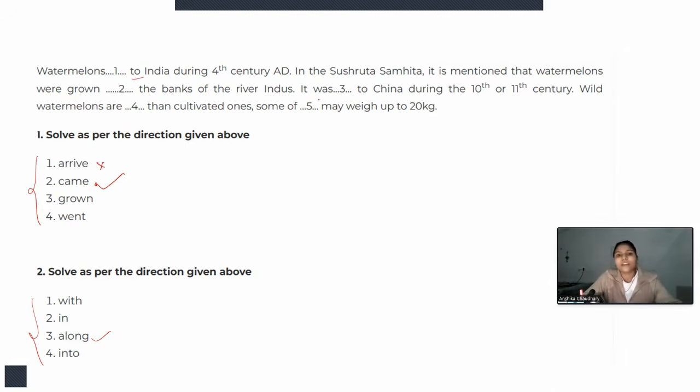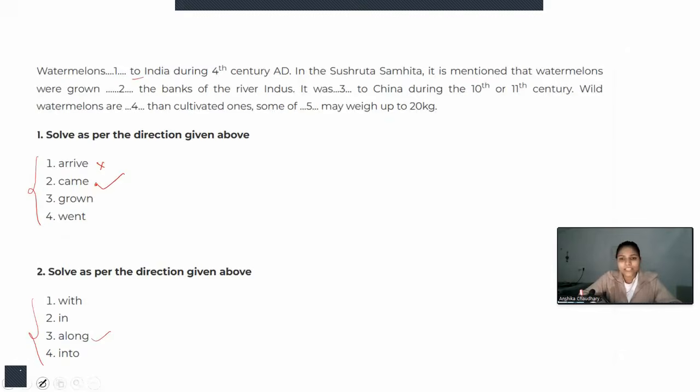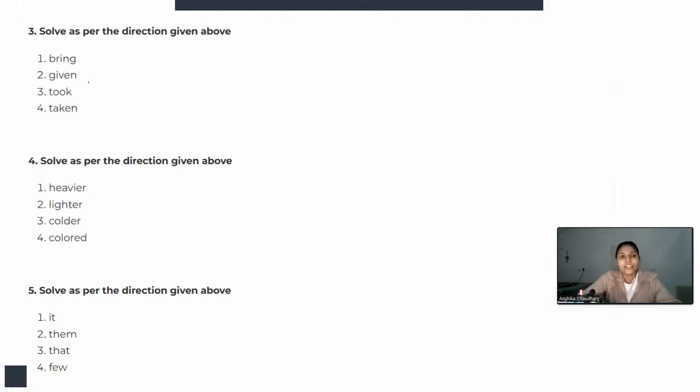Okay, now: it was taken to China during the 10th or 11th century. What are the options available? Bring, given, took, or taken. 'Bring' we will not use because the sentence is in passive voice, and in passive we use the third form of the verb, right?